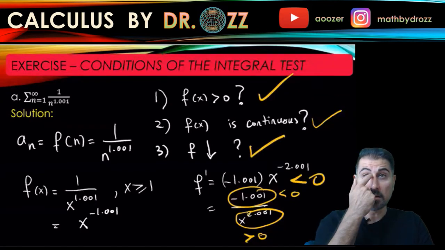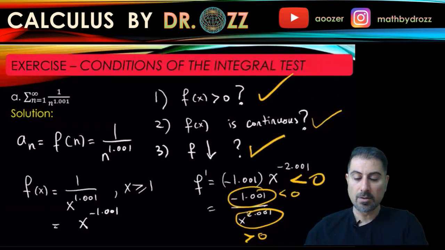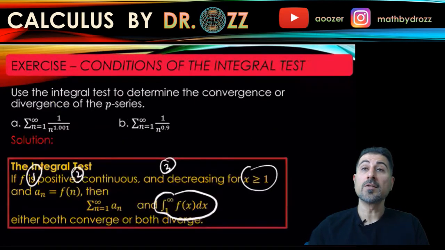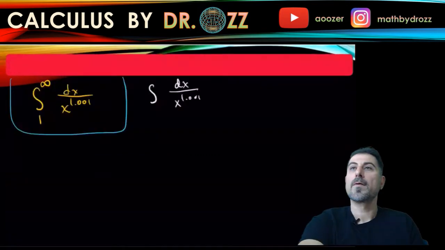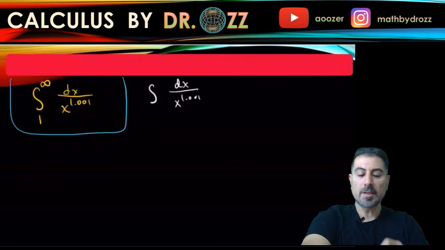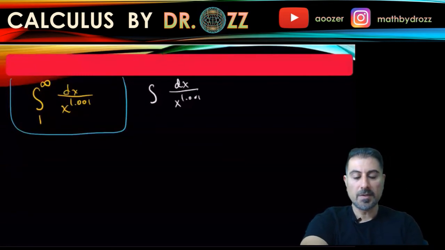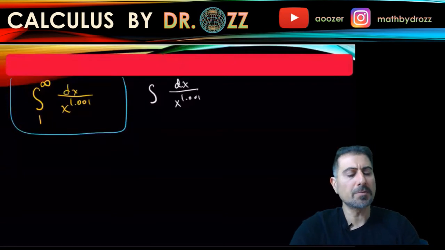Now I have to go back and look at the integral from 1 to infinity of f of x dx. Let's just do that real quick. Since the integral we're after is an improper integral, and since we haven't integrated the integrand yet, why don't we look at the indefinite integral first, integrate it, and then go back to the improper integral.